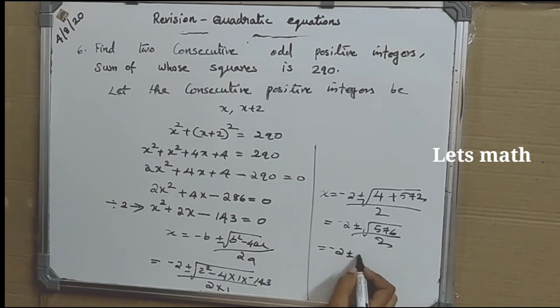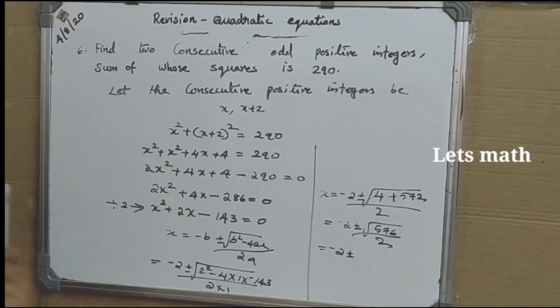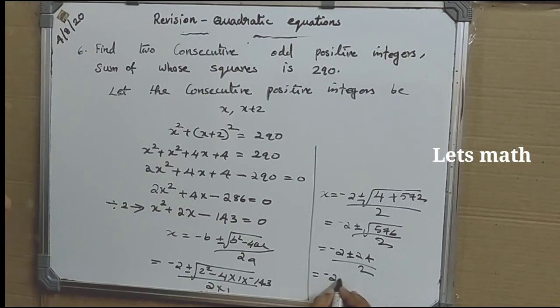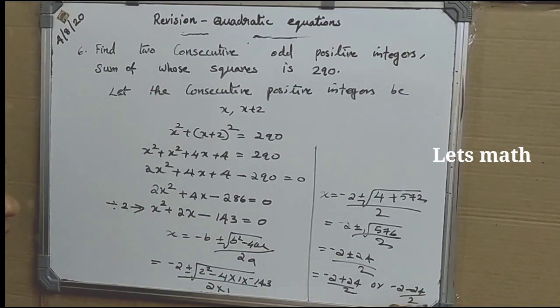Square root of 576 you can do by factorization method or division method. We can see that it is 24, divided by 2, that is negative 2 plus 24 by 2 or negative 2 minus 24 by 2.